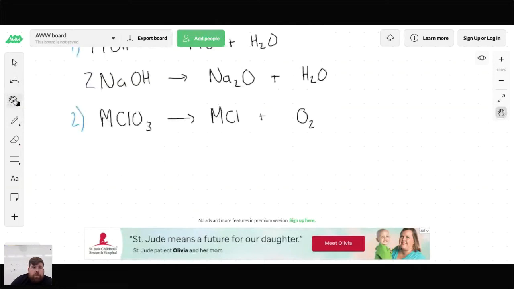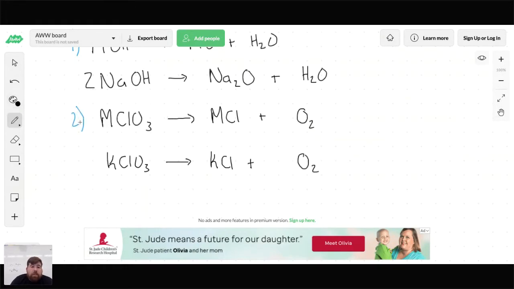So for example, if we take potassium chlorate, KClO3, and heat it, we can decompose it into potassium chloride. Potassium chloride is going to have a +1 charge on the potassium, -1 charge on chlorine, so KCl, and then the oxygen gas is going to be O2.